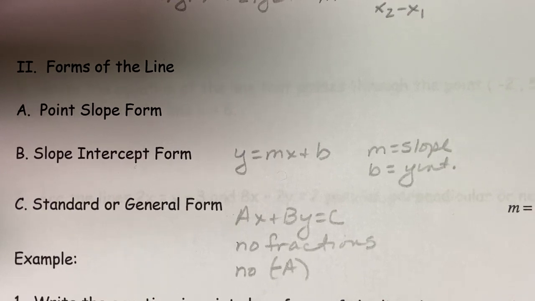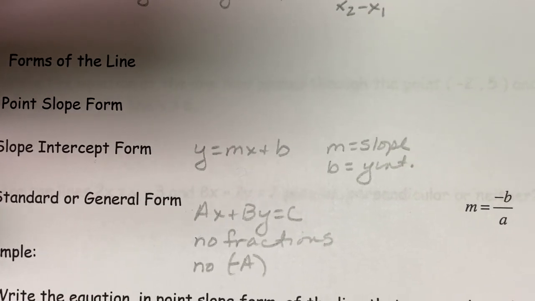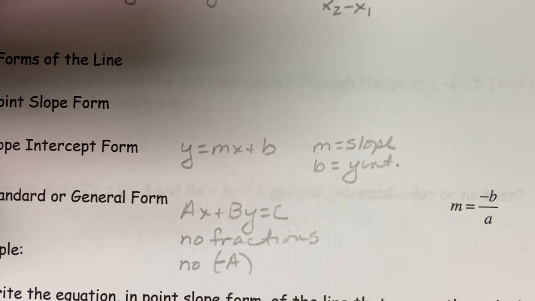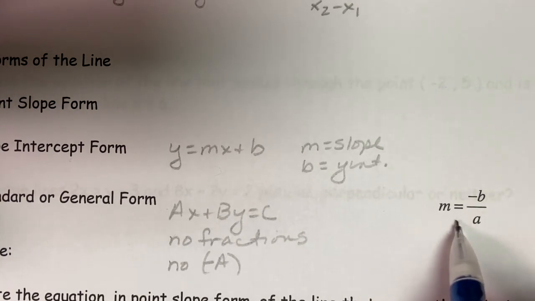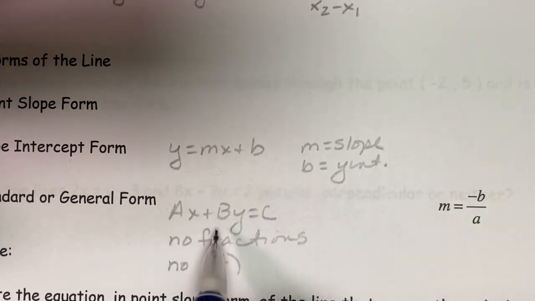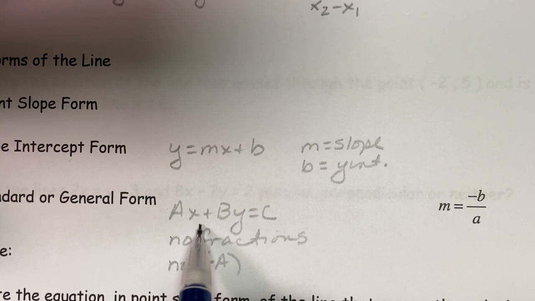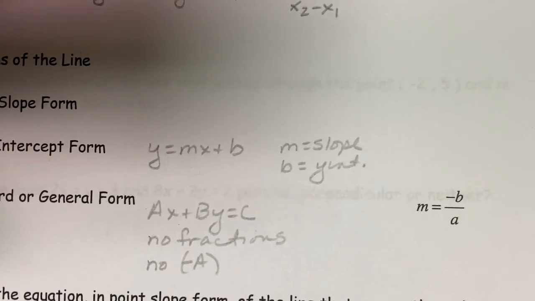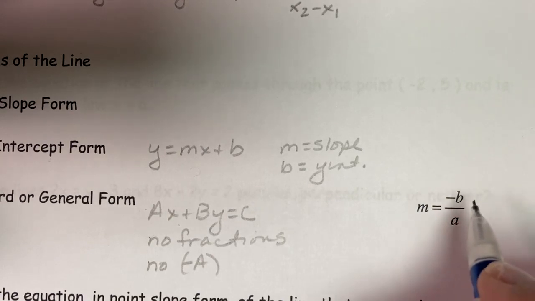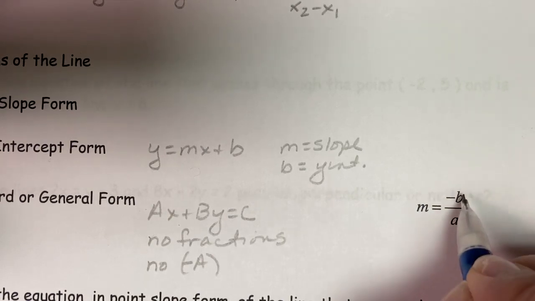Something else I wanted to tell you is, you know how in the last section, we automatically changed our equation to slope-intercept form to find the slope. So there's a little shortcut that I want to tell you about, and that is, as long as the equation is in standard or general form, so it looks like this, then you can find the slope by taking negative, and actually this is wrong.